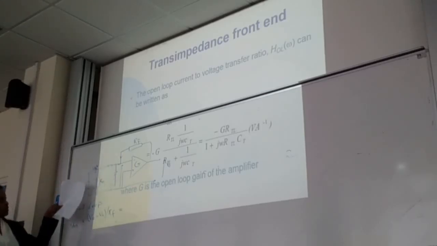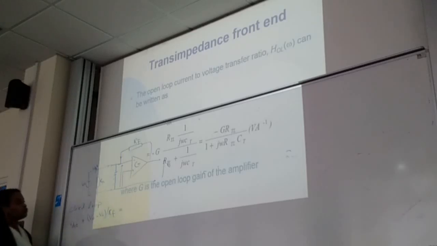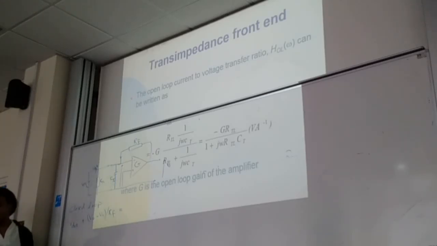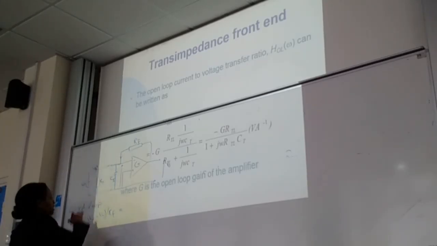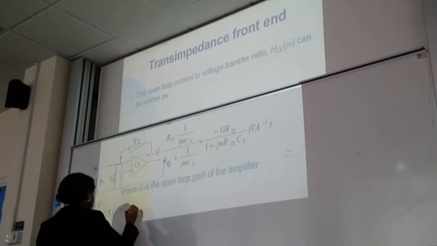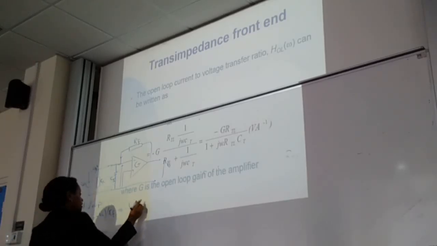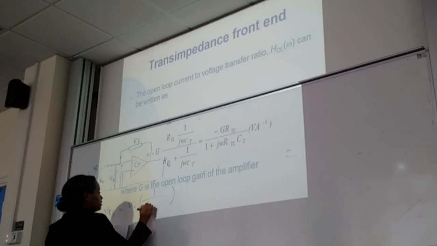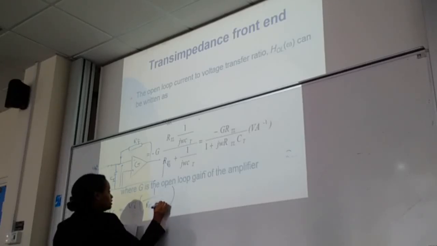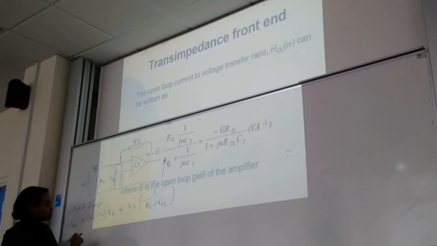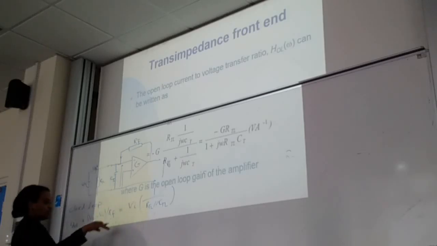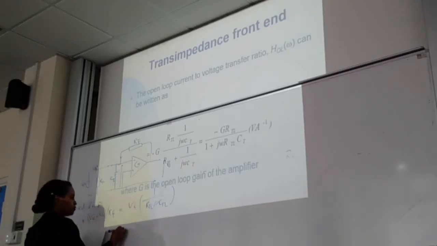These both will add together and flow through RTL and CTL. The current through RTL, CTL can be given as V in over RTL, CTL. Voltage over resistance. Let's try to calculate this, and we have already done that in the previous part.